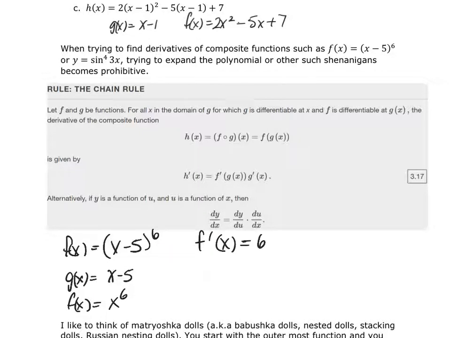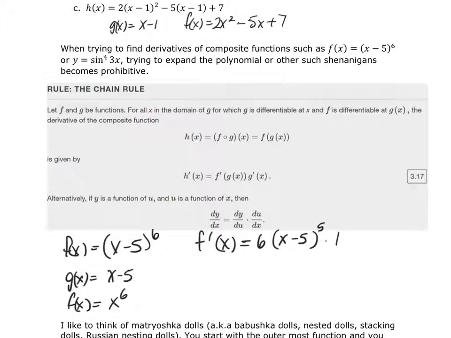So it is going to be 6 to the 5th power. Notice I just left a blank there because I really need to put that function back. And I multiply by the derivative of my inner function, which just happens to be 1. And I did not have to multiply that baby out, which is awesome.